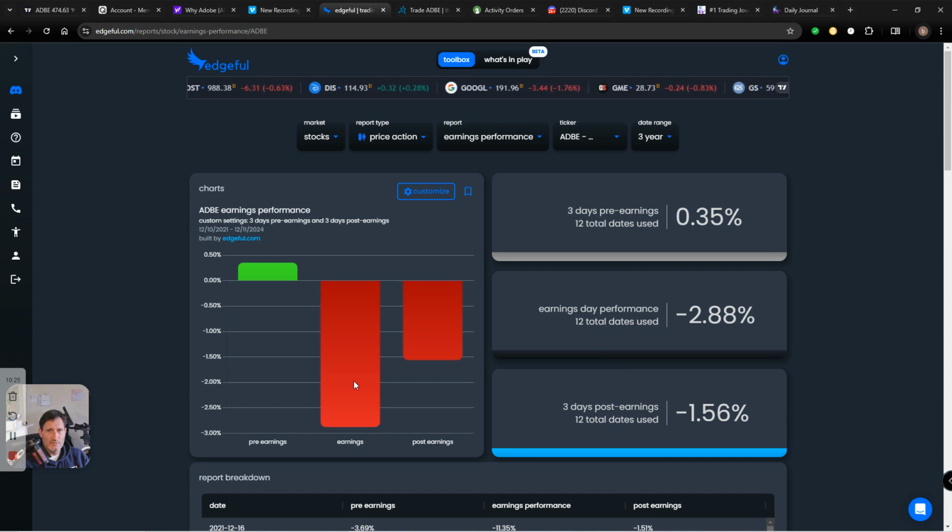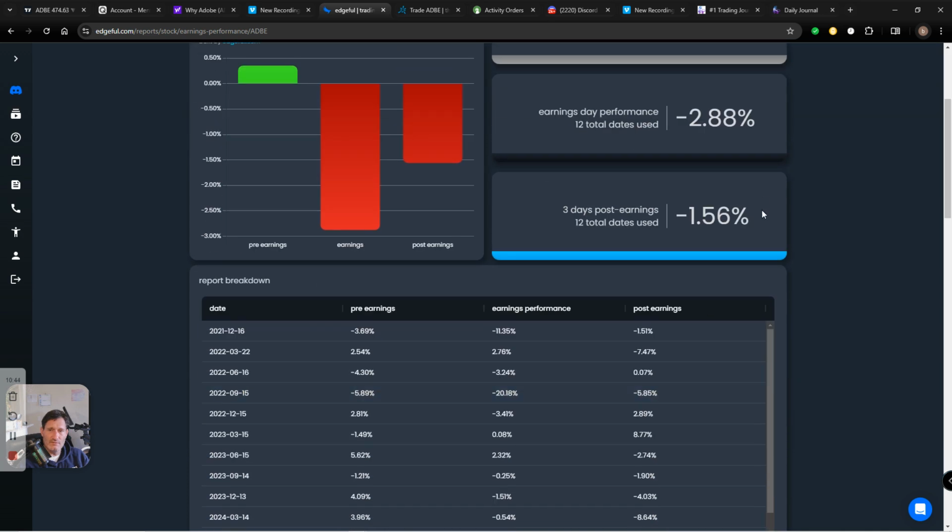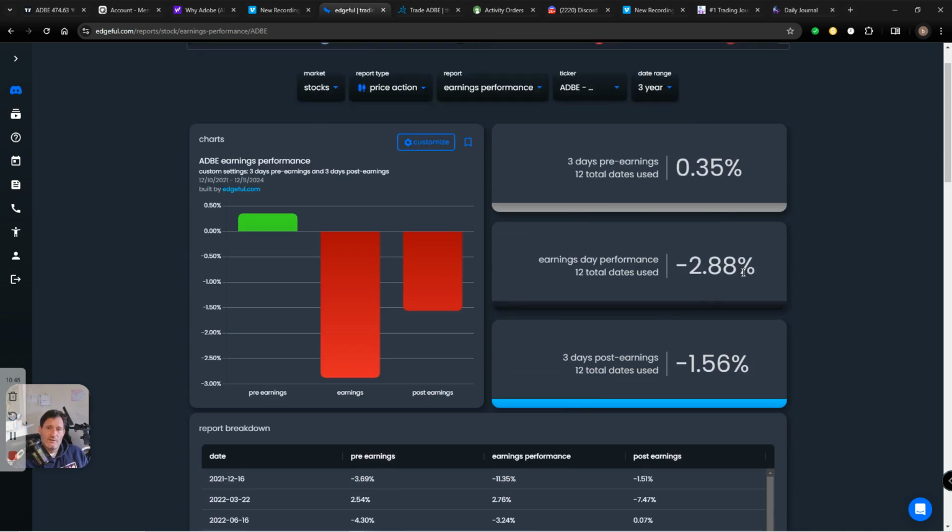So yeah, you can see we're way outside the standard range here for earnings performance on Adobe. 3% is the average, minus 2.88%. So about 10% over that.